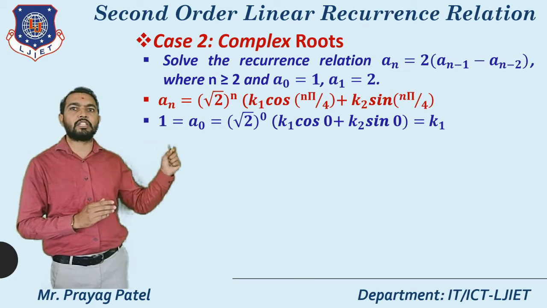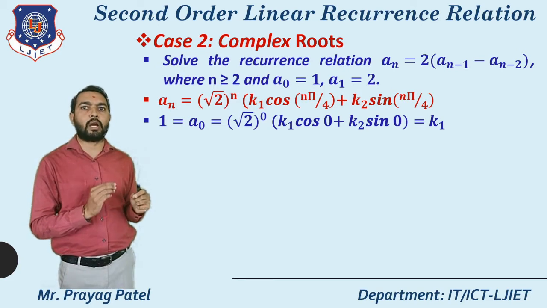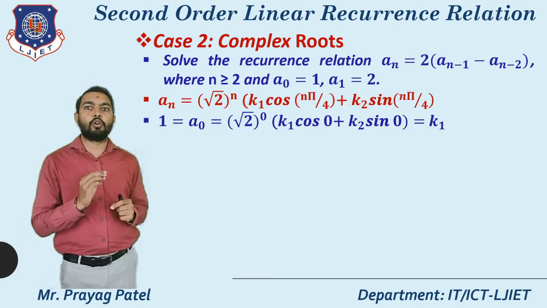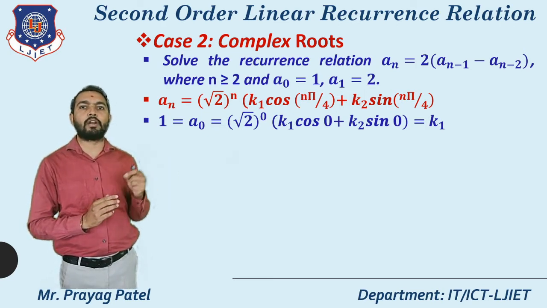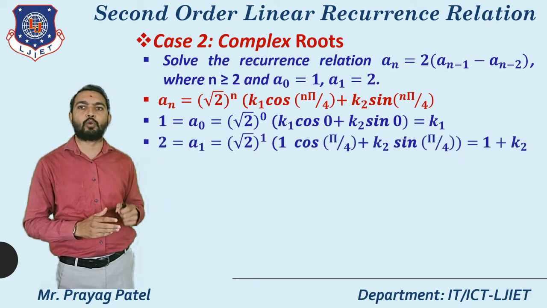Now we have the initial values a0 and a1. a0 is equal to 1. Here we consider n equal to 0, because we are finding a0. So root 2 raised to 0 (k1 cos 0 plus k2 sin 0) is equal to k1. So the k1 value is equal to 1.